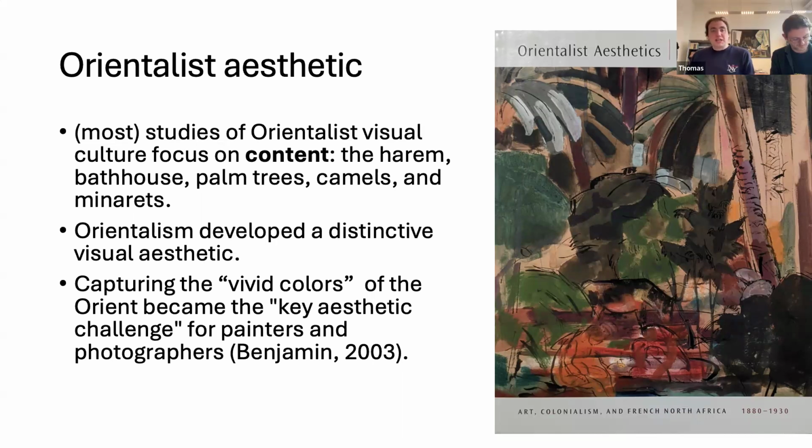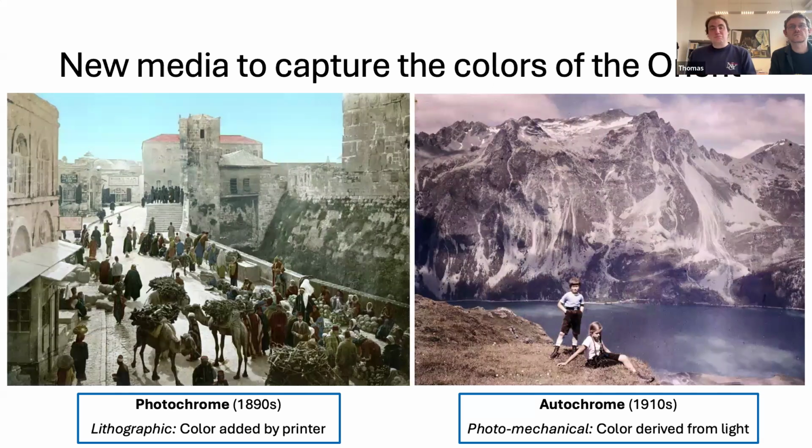And one of the most important challenges of this aesthetic for painters and photographers was that they hoped to capture the very vivid colors of the Orient, right? So this is again about these rich colors.